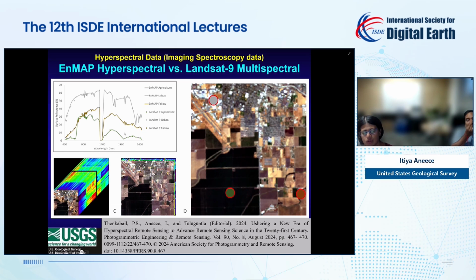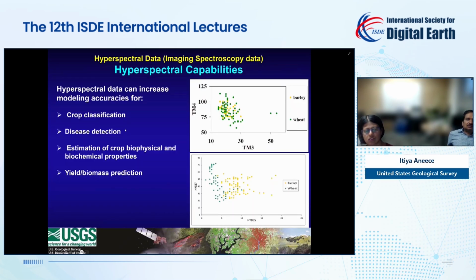And here's an example of hyperspectral capabilities, like for crop classification. You see here barley and wheat are not so easily differentiated using Landsat bands, but very clearly differentiated using hyperspectral narrow bands. So we can also use hyperspectral data for various other applications like disease detection, estimation of crop biophysical and biochemical characteristics, and yield and biomass prediction.